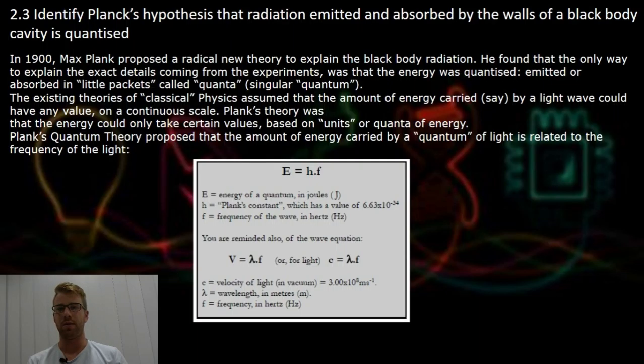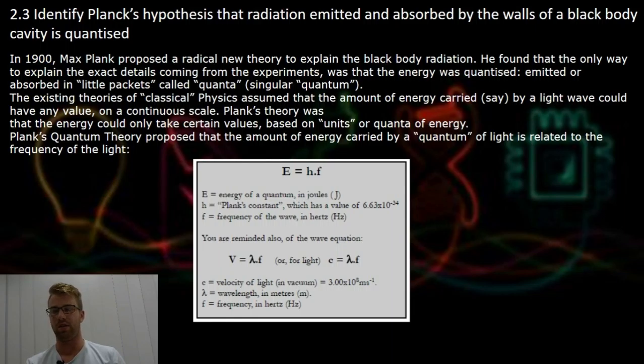So Planck's quantum theory proposed that the amount of energy carried by a quantum of light is related to the frequency of light, which is E equals hf, where E is the energy of the quantum in joules, h is Planck's constant, which is 6.626 times 10 to the negative 34.